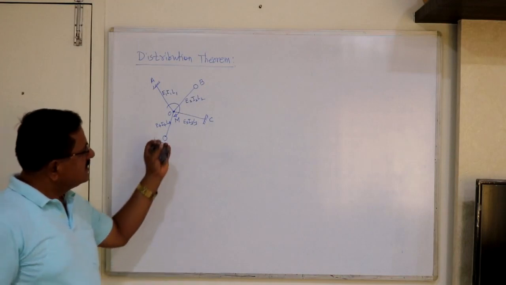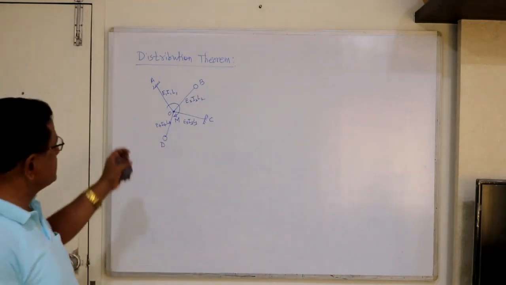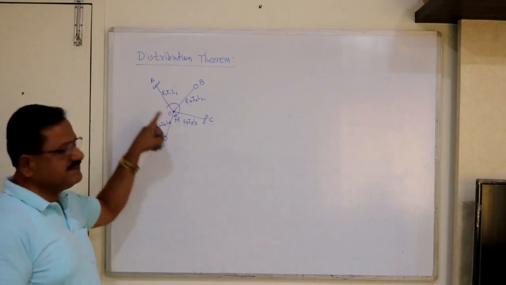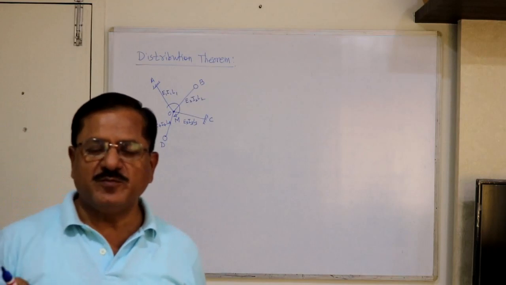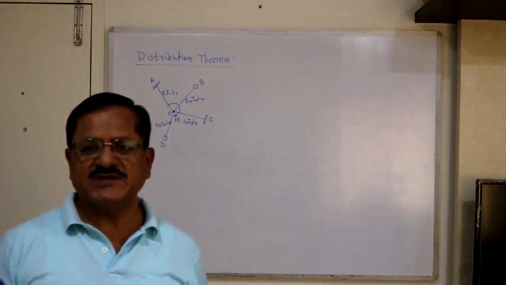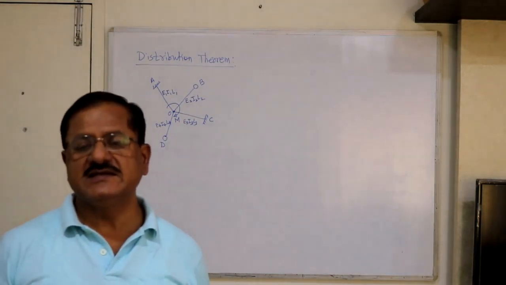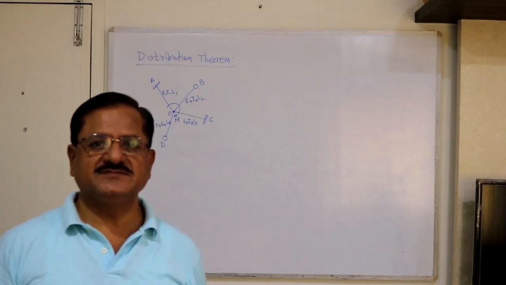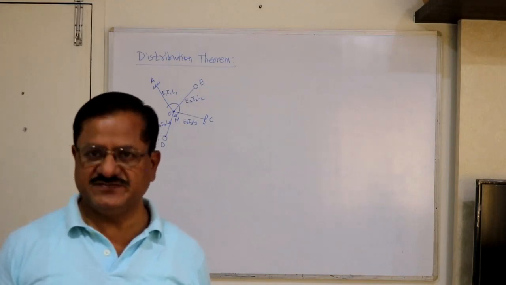Now, you can write the statement this way: the distribution theorem states that if a moment M is applied at a rigid joint O so as to produce a rotation without any translation, then this moment M gets distributed in the proportion of their stiffnesses.